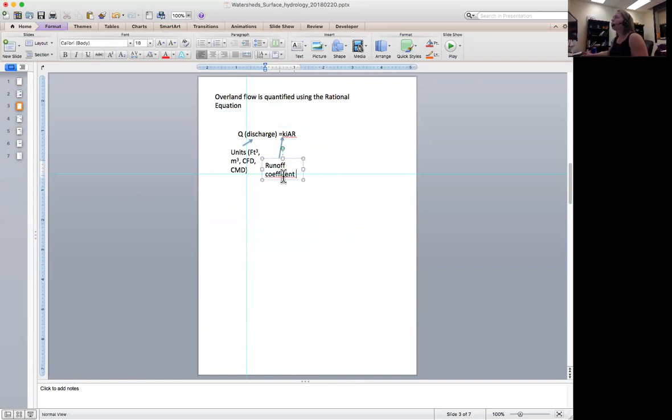And our runoff coefficient can range from 0.1-ish to 0.95. And if you look at this, right, so it's K times I times, so I'll put some asterisks in here so we know, times AR, and AR should be small. There we go. All right.